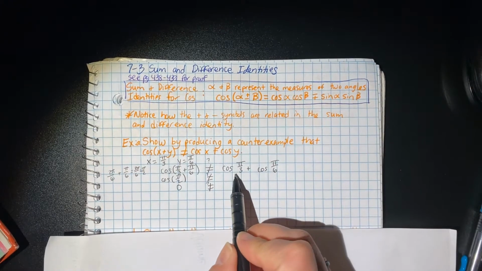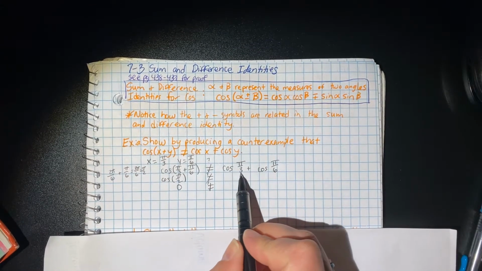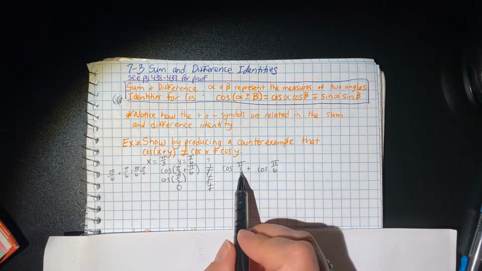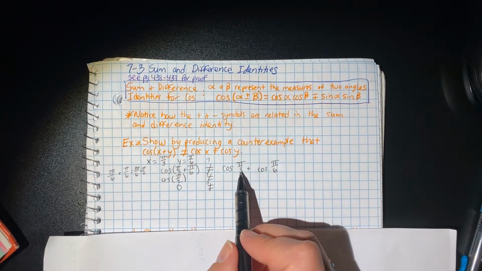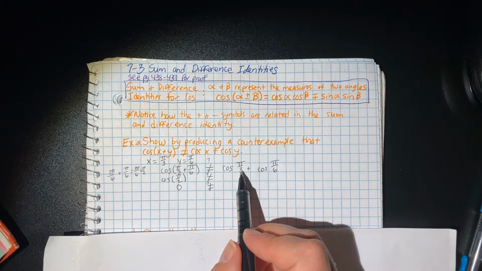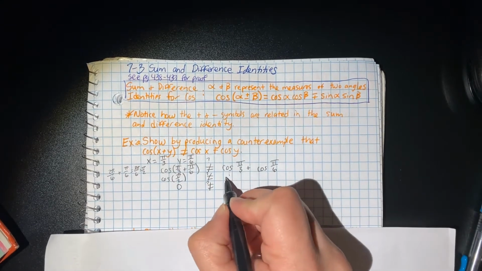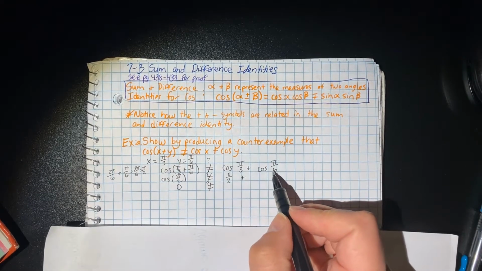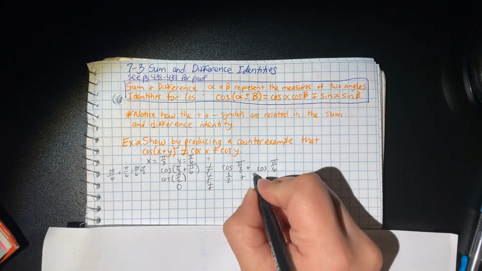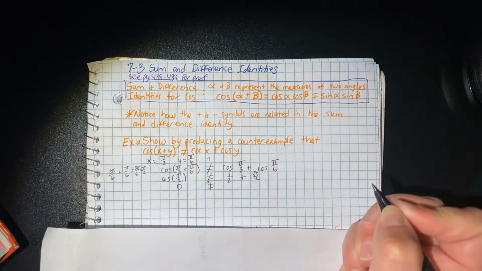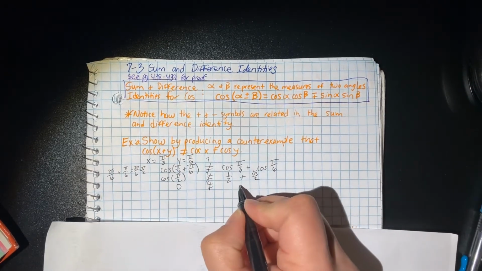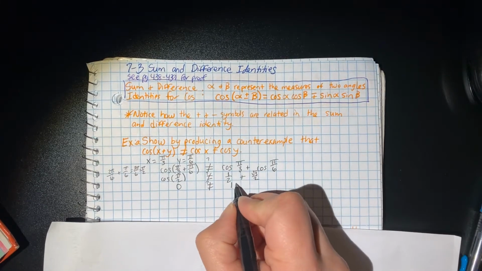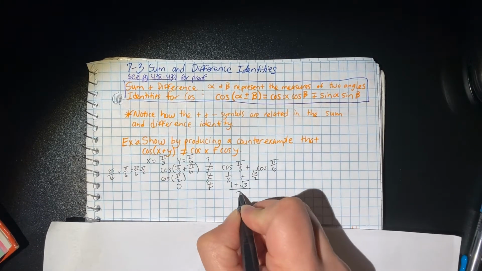So the cosine of pi over 3, you can check your unit circle, is 1/2, plus the cosine of pi over 6, which is root 3 over 2. Add those together and we have 1 plus root 3 over 2.